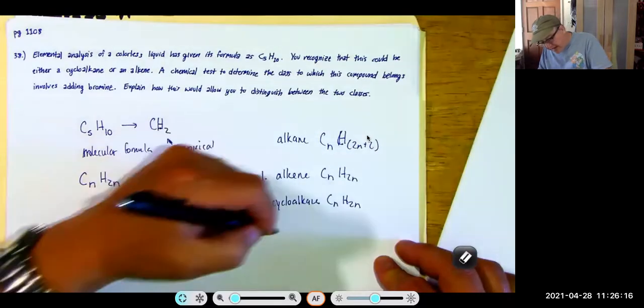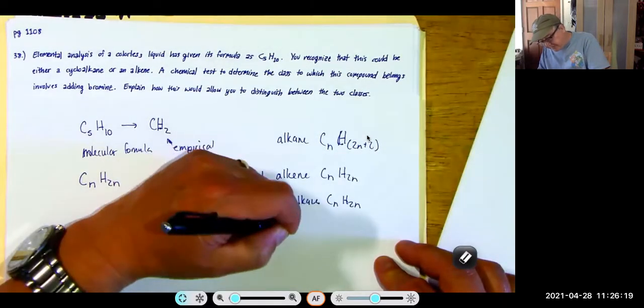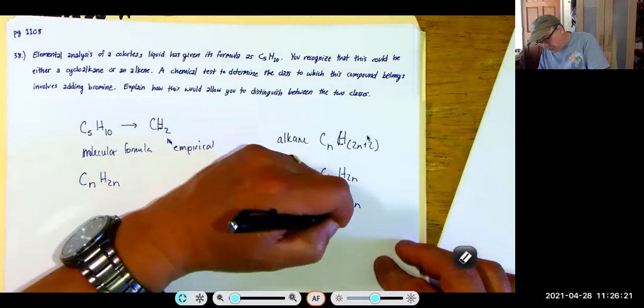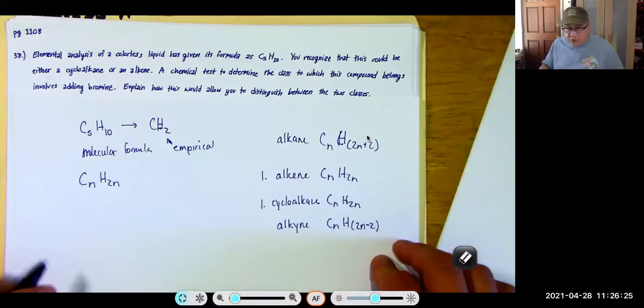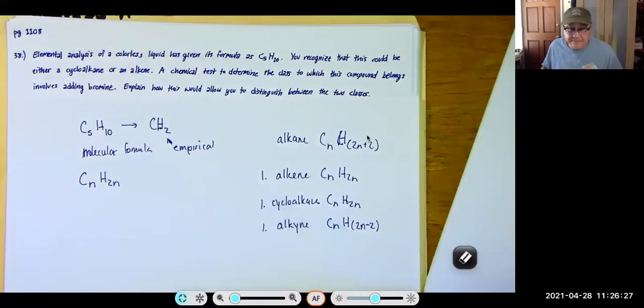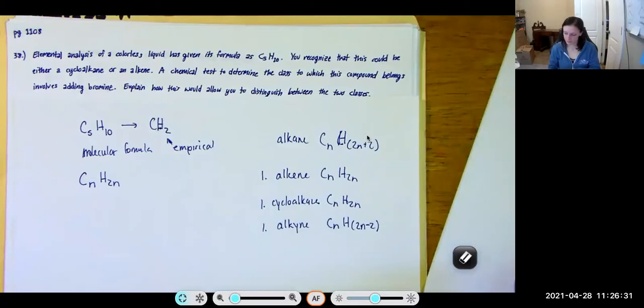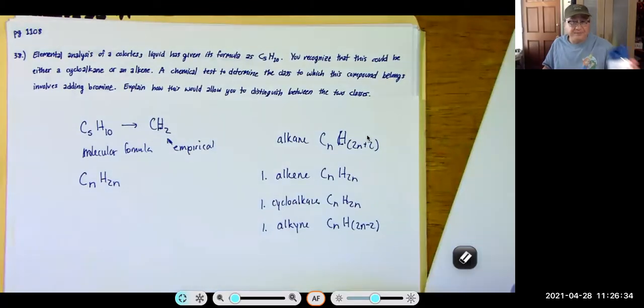And then there's alkyne, which is CnH2n minus 2, and that's only one triple bond. If you had 2 alkenes, you'd have to take away 4 hydrogens.